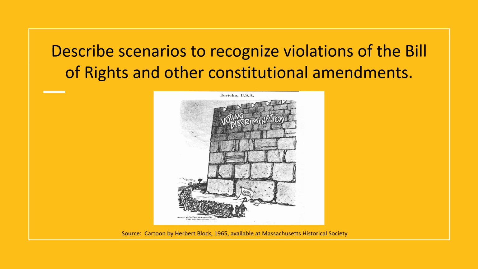That was another barrier, another wall that was preventing people from being able to exercise their right to vote. So in essence, the 15th, 19th, 24th, and 26th Amendments had the impact of breaking down this wall of voting discrimination. That was the intent.